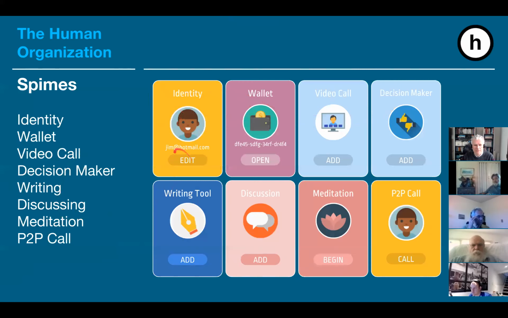You can edit it, one of the functions here, and you can add more to your profile. It identifies you and says, okay, this is Jim, and he has this contact information, and I can now start relating an identity to another card, which is the wallet over here. So this is Jim's wallet. It's connected to some cryptocurrency account that I can open to see what's going on, and I can relate these two, right?